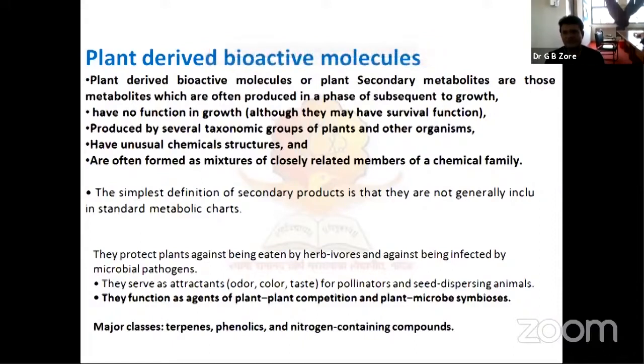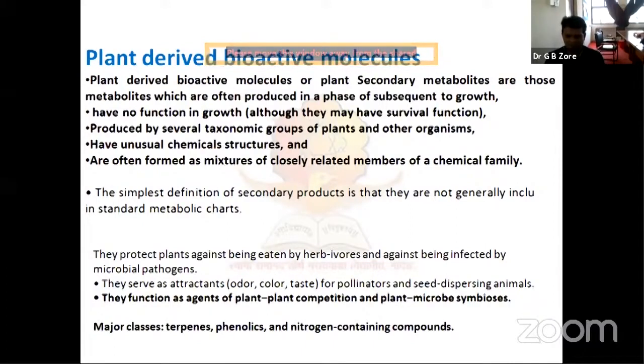In general, we can define secondary metabolites as metabolites not required for growth and development of that particular organism, but they also play a very important role in the life cycle of that organism. Initially it was considered that these molecules were nothing but byproducts of some metabolic processes.